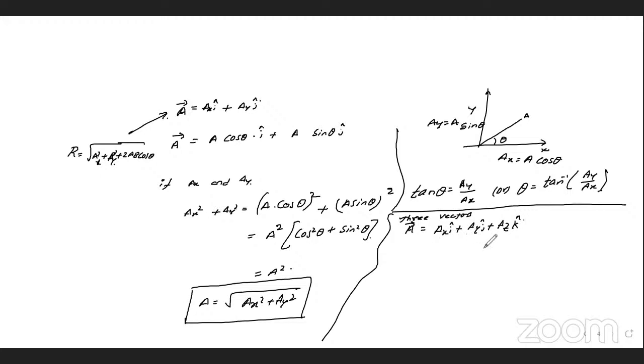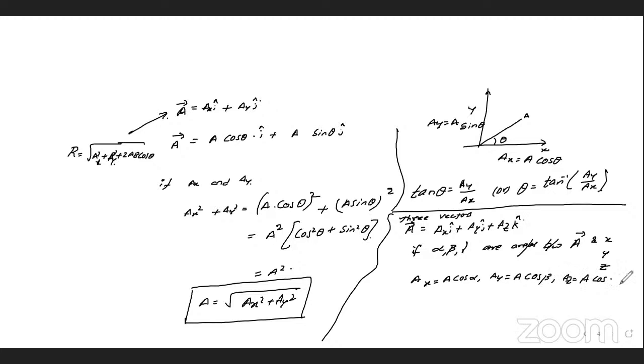If alpha, beta, gamma are the angles between your a vector and x, a vector and y, and a vector and z, then ax is equal to a cos alpha, ay is equal to a cos beta, and az is equal to a cos gamma. Here we have an angle alpha, beta, gamma for each axis.